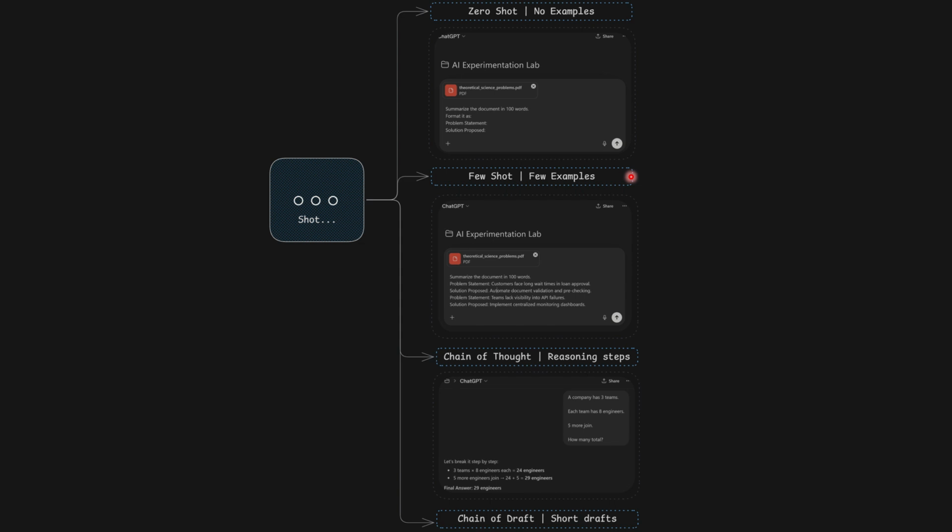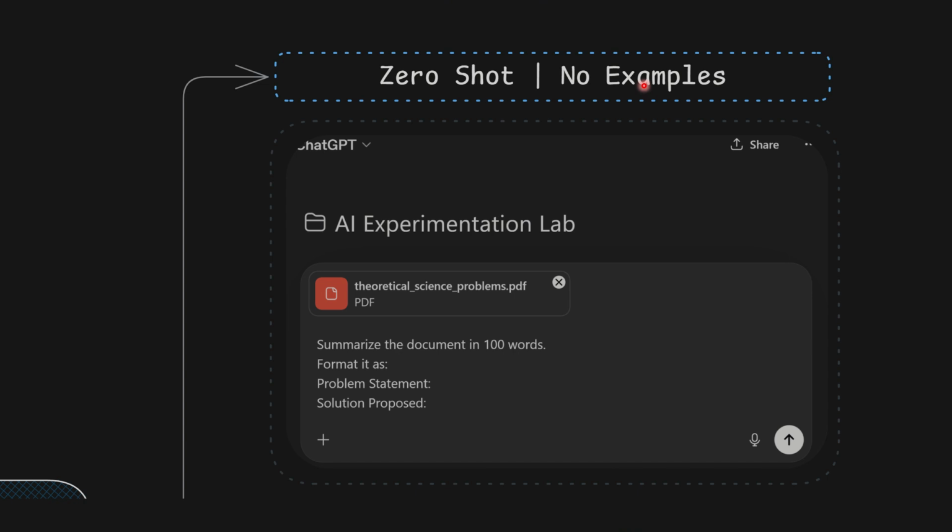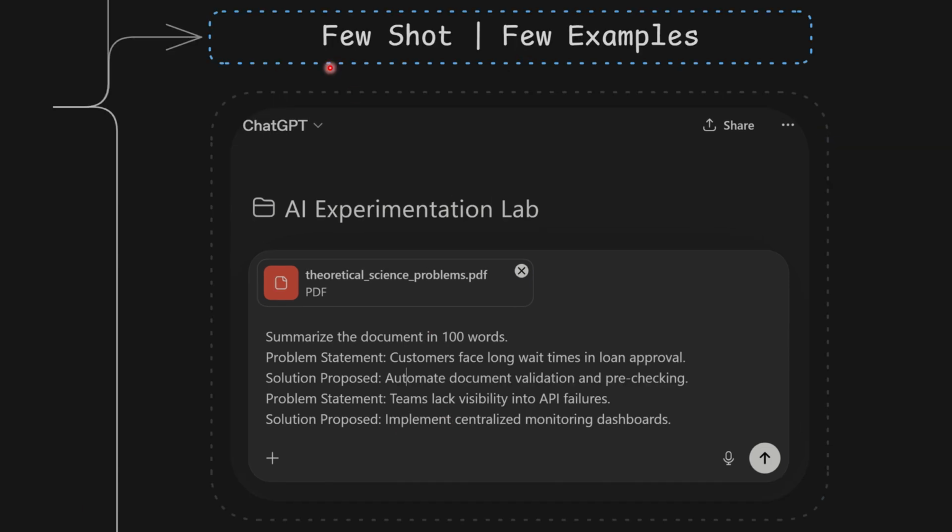Let us take the same summarization example. Here is a zero shot version. Summarize the document in 100 words. Format it as problem statement and solution proposed. Now, modern models are much better at following clear zero shot instructions than older ones. But sometimes the output can still be inconsistent. Now, watch this.